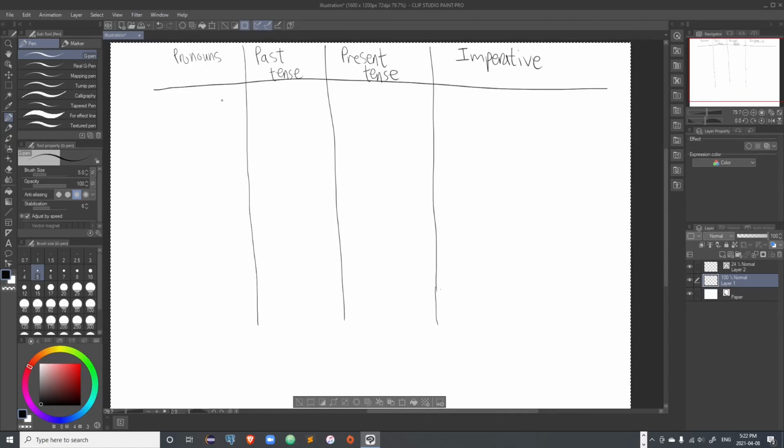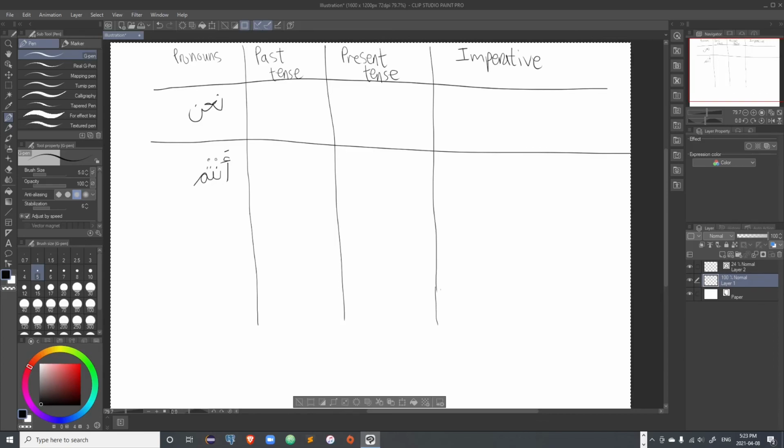Okay, so we have نحن, then we have أنتم, remember the meme can be written like so or going to the bottom.